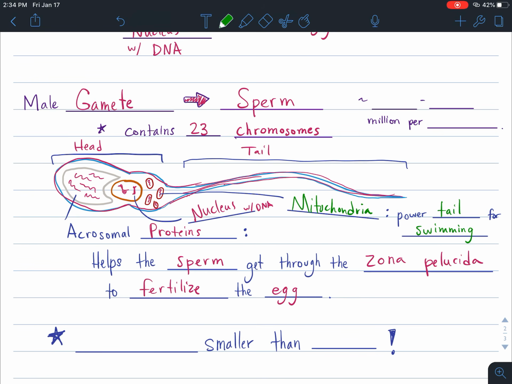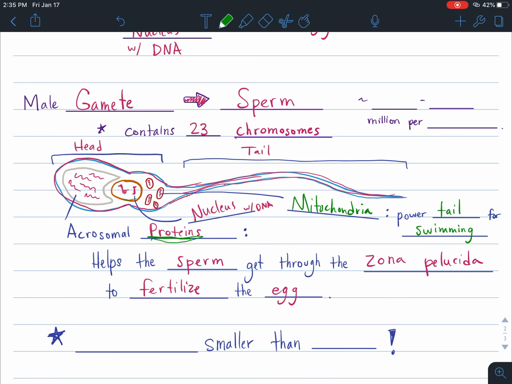These are single cells that swim to try to locate the egg. When they get to the egg, the proteins dissolve the Zona Pellucida, drop off the DNA inside the cell, and then that DNA combines with the DNA inside of the egg cell to fertilize the egg and produce that new cell that's going to develop into a human.